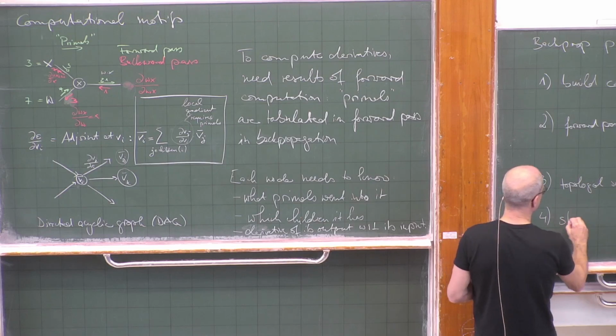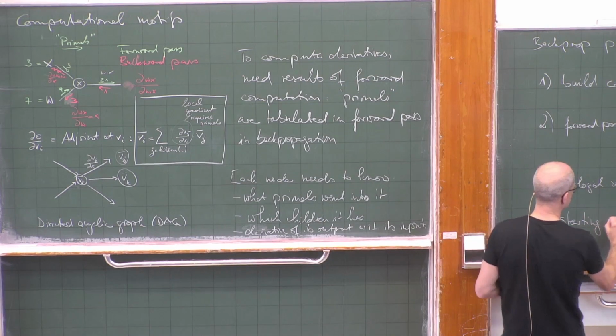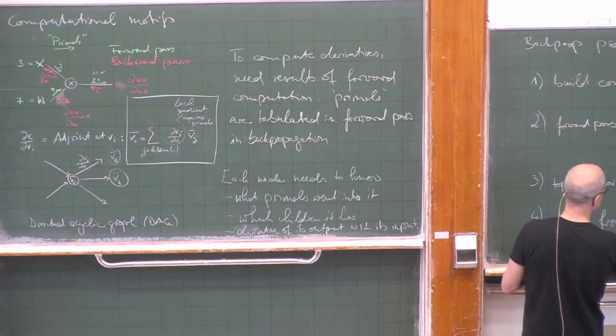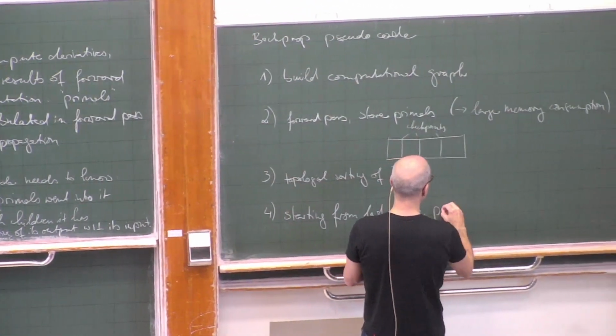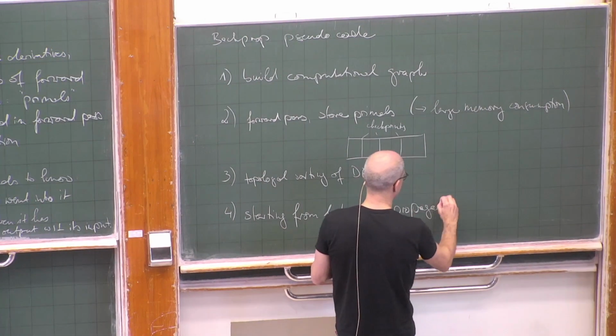And then finally, starting from the last node, we start propagating the gradient backwards.